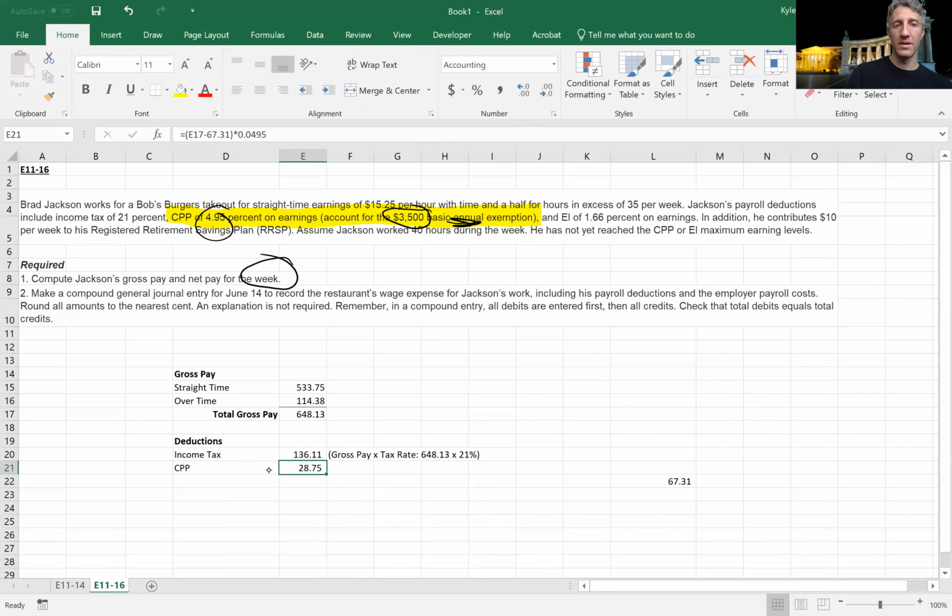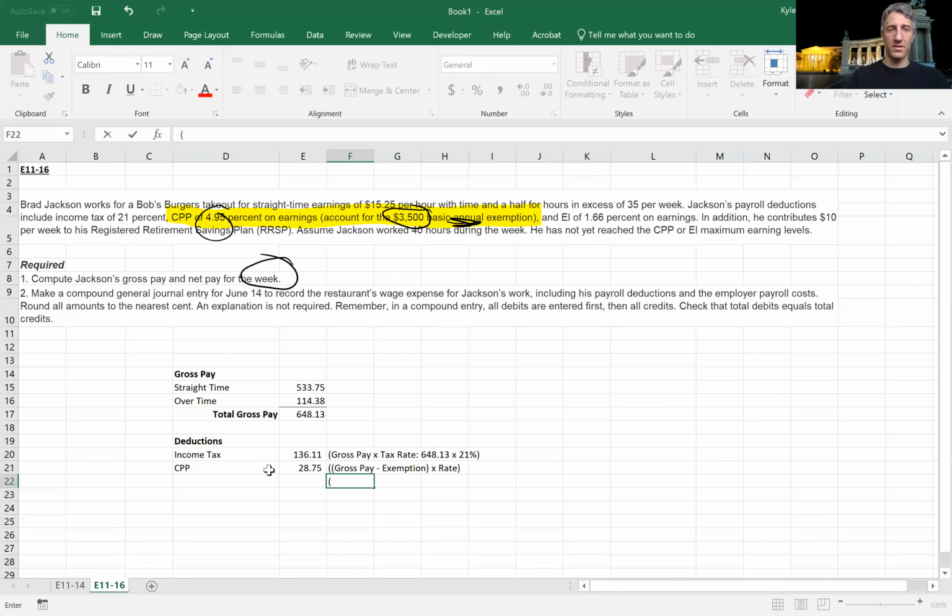So let me just put that in a formula here. Gross pay, subtract exemption, multiplied by rate.